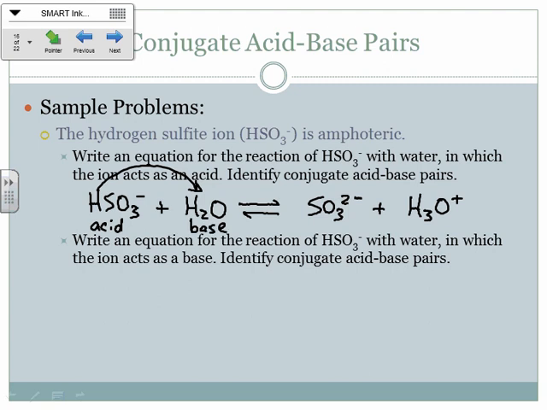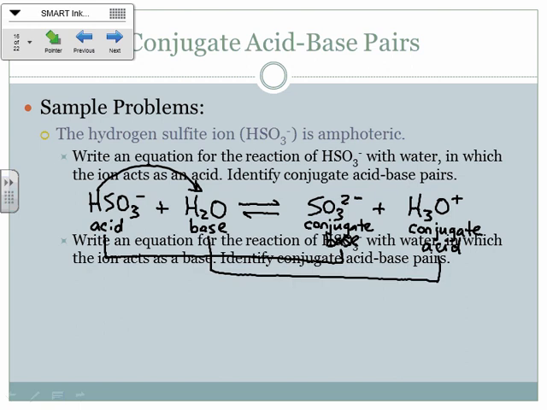This is going to be our conjugate base, and this is going to be our conjugate acid. So if we're going to pair these up, the acid and its conjugate base, that's the pair right there, and then H2O, the base, and its conjugate acid, H3O plus. So that's how those pair up.